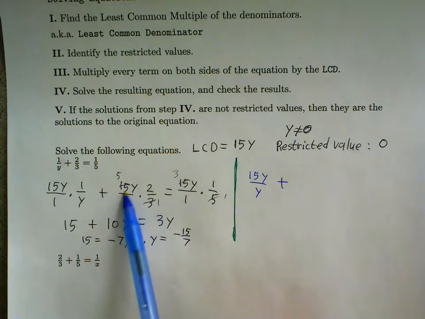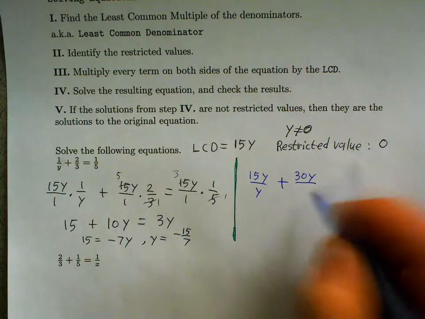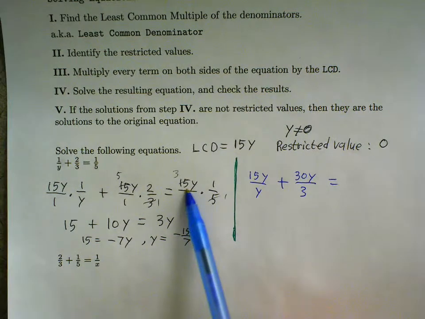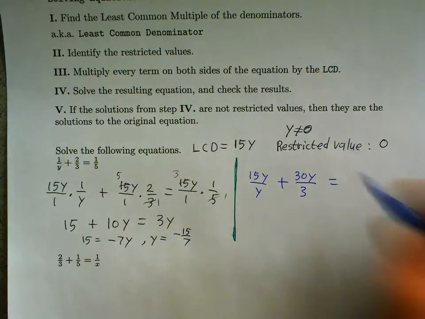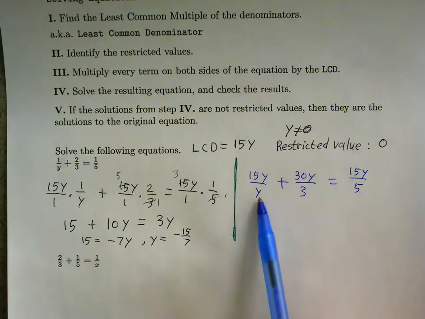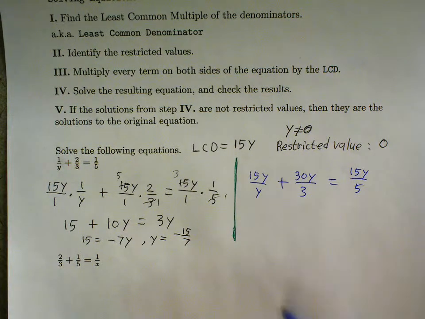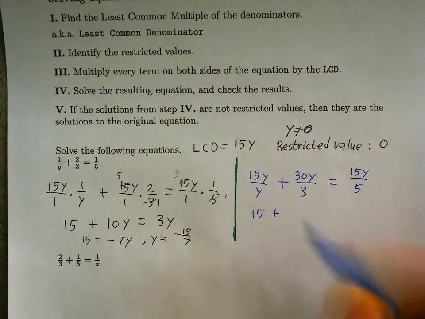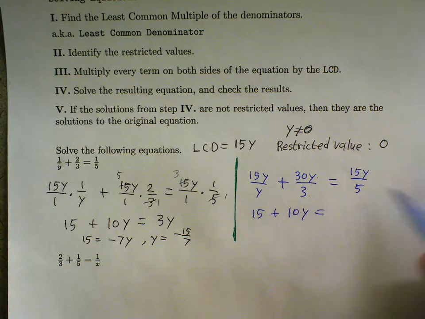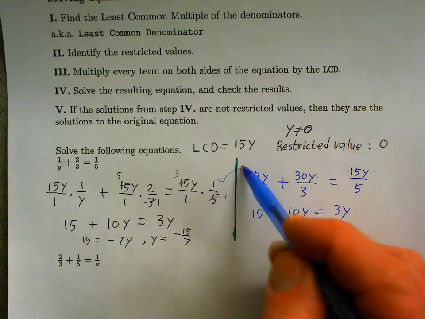In the numerator, 15y times 2 is 30y over 1 times 3. And then on the right-hand side, 15y over 1 times 1 over 5, we get 15y over 5. And then you can reduce the fractions. 15y over y is 15. 30y over 3 is 10y. 15y over 5 is 3y. If you'd rather do it that way, that's fine.